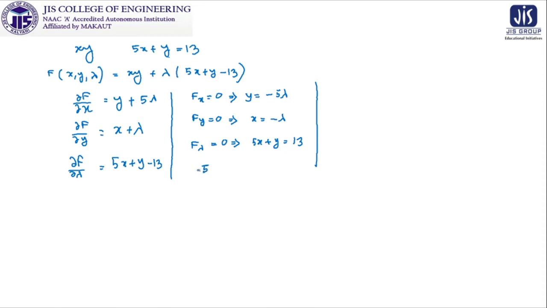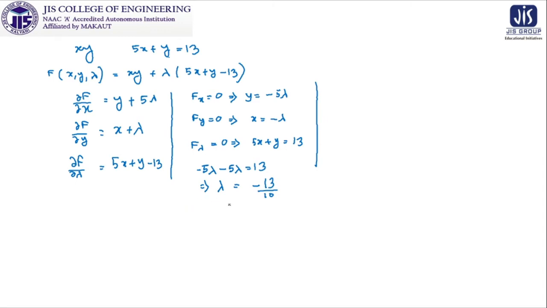5 into minus lambda plus of minus 5 lambda, for this y is equal to 13, which gives you the value lambda equal to 13 by 10 along with a minus sign. Clear?